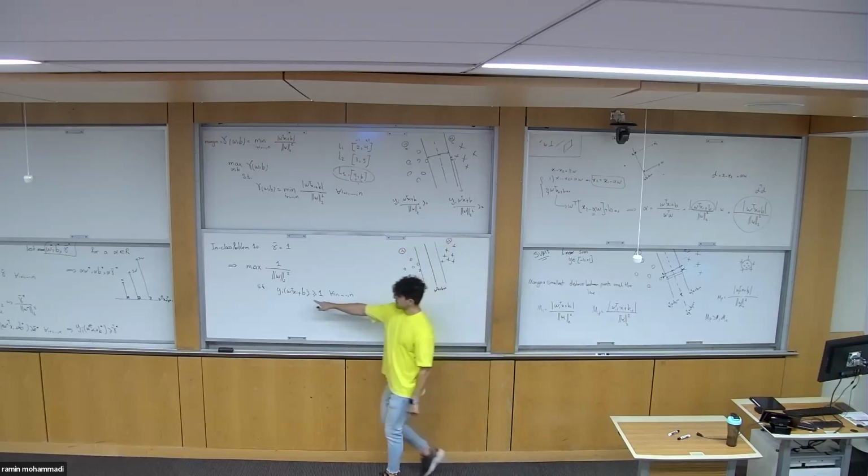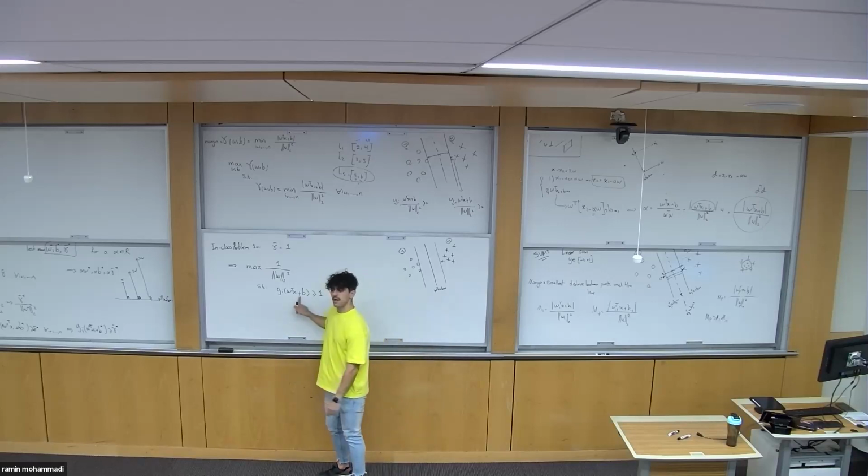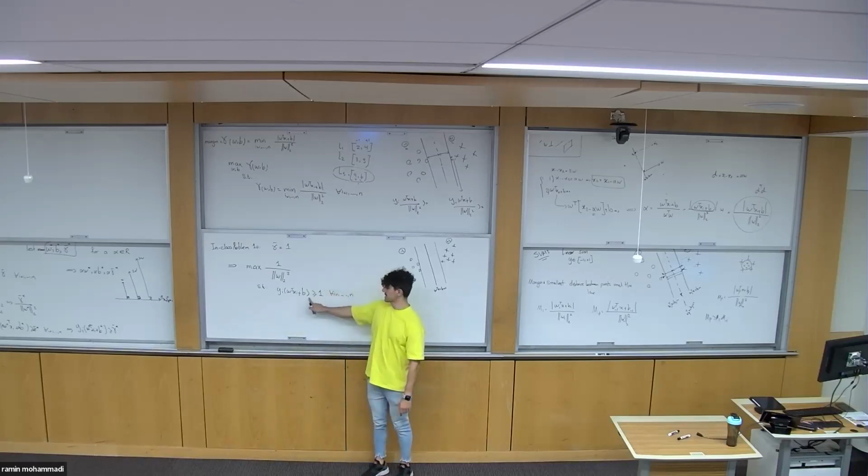What was the definition of W transpose x_i plus b? Distance of the point, right? So the distance of any point is greater than 1. What does that tell you?